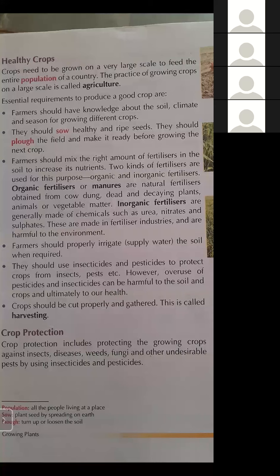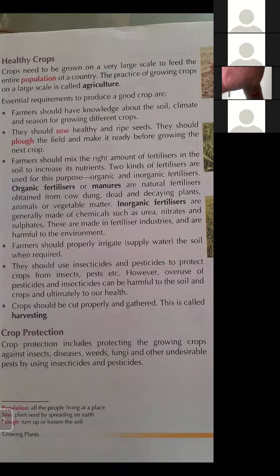The next point is crops should be cut properly and gathered. This is called harvesting, meaning cutting of the crop when it is fully prepared or fully ripened. That process is known as harvesting. So nowadays, the wheat crop is fully ripened. We cut the wheat crop, and that process is known as harvesting.